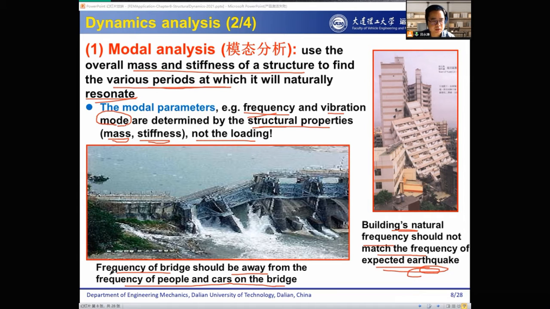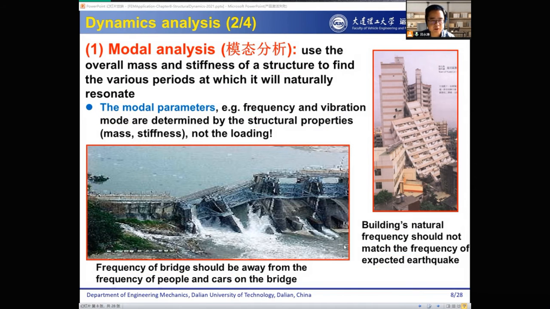The vibration caused by the car and the people should be away from the frequency of the bridge. Therefore, when we design the bridge, we need to work out the frequency and vibration mode of the bridge, and we should make those frequencies far away from the frequency caused by the cars. When you are an engineer, you have to consider all of those.